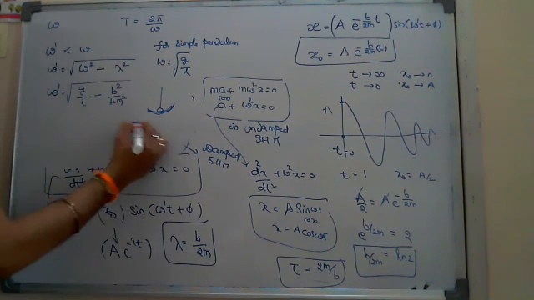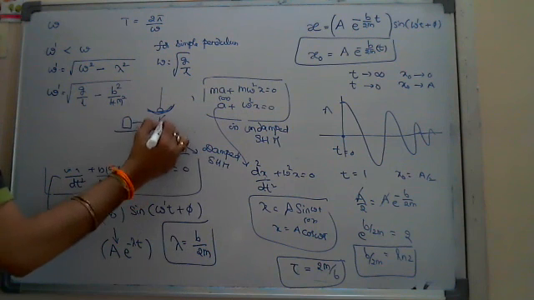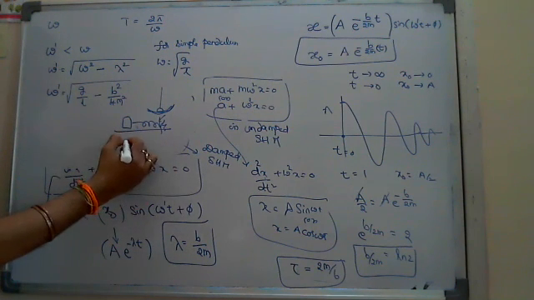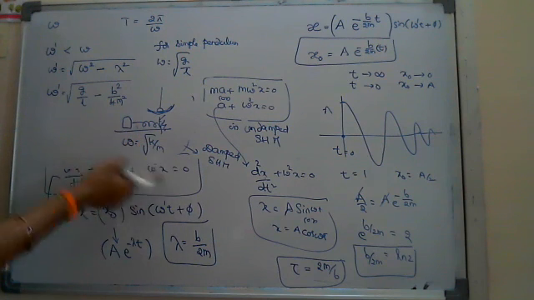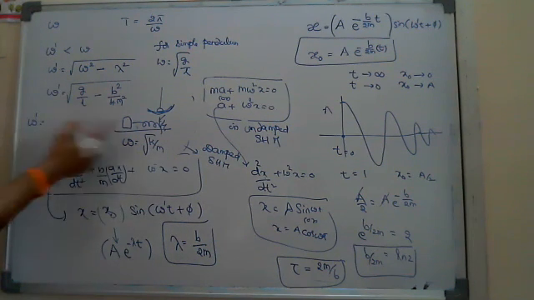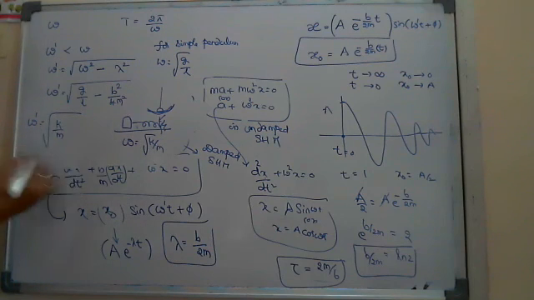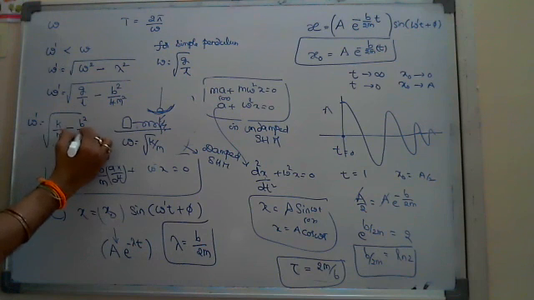Suppose it is spring oscillations with one mass connected. The time period is 2 pi root of m by k and omega is root of k by m. So in case of a spring, we write omega dash as root of k by m minus lambda square, meaning b square by 4.